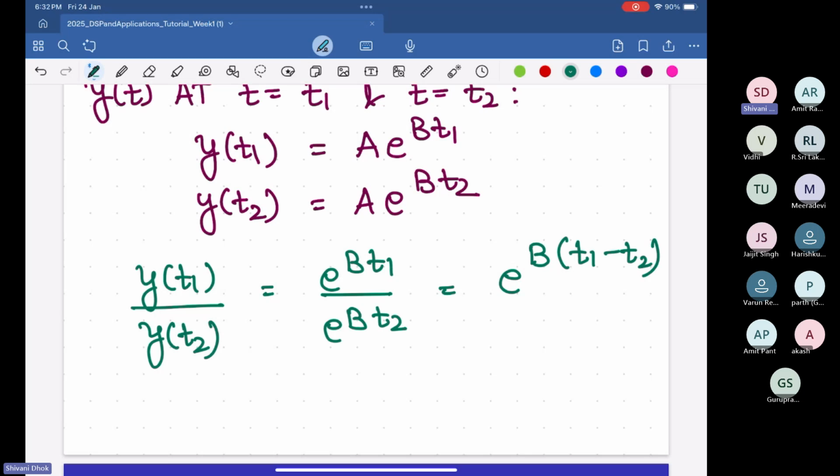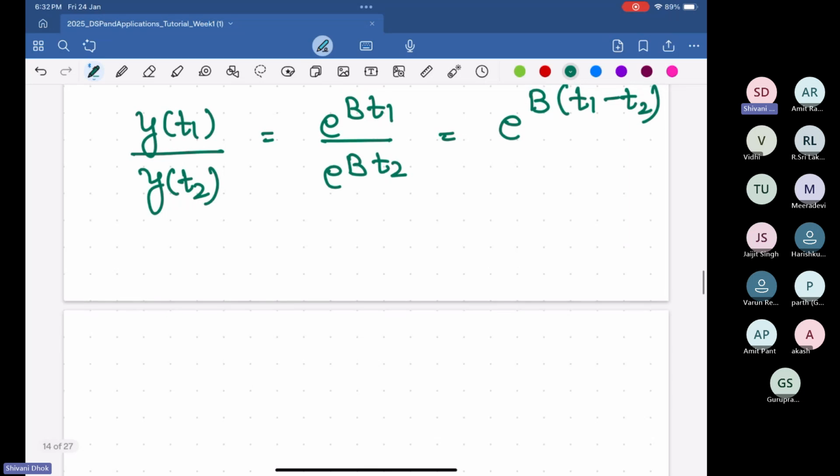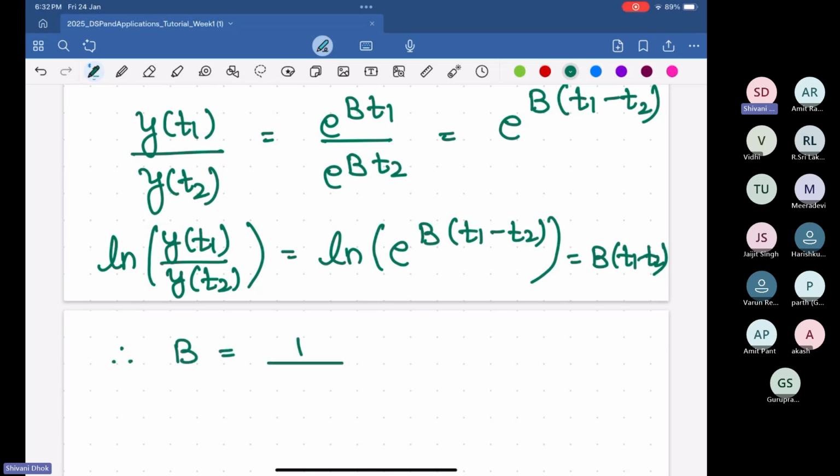Now if I take natural log on both the sides, what will I get? I will get natural log of y of T1 upon y of T2, which is equal to natural log of e power b into T1 minus T2, which is equal to b into T1 minus T2. So therefore, this b comes out to be equal to 1 over T1 minus T2 into natural log of y of T1 upon y of T2.